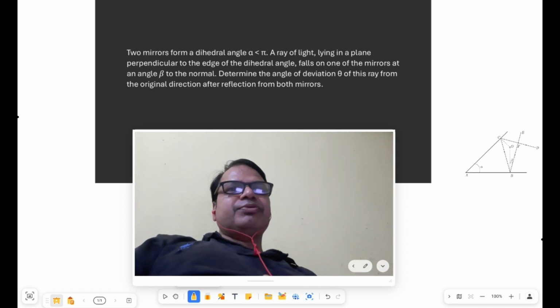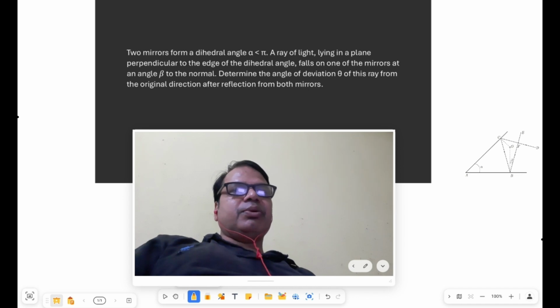So we have two mirrors forming a dihedral angle alpha. A ray of light lying in a plane perpendicular to the edge of the dihedral angle falls on one of the mirrors at an angle beta to the normal.